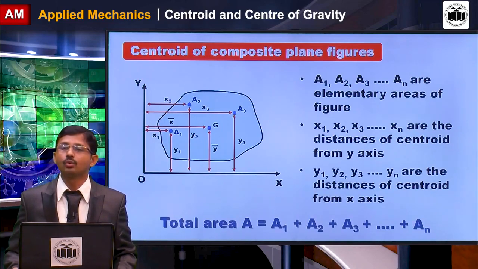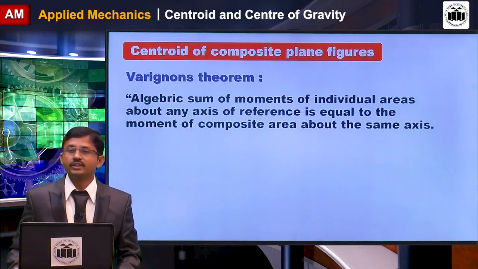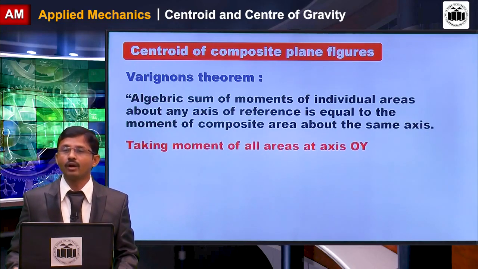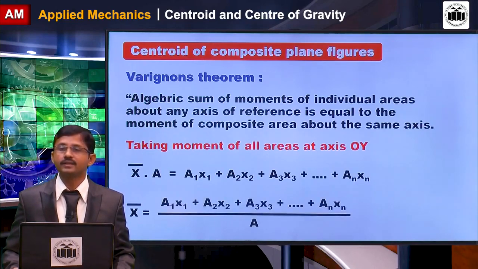Then you can calculate the total area A1, A2, A3 up to AN, and using Varignon's theorem, that is, the algebraic sum of the moments of individual areas about any reference axis is equal to the moment of the composite area about the same axis. Taking the moment about the OY axis, x bar is A1 x1 plus A2 x2 plus A3 x3 up to AN xn divided by total area.